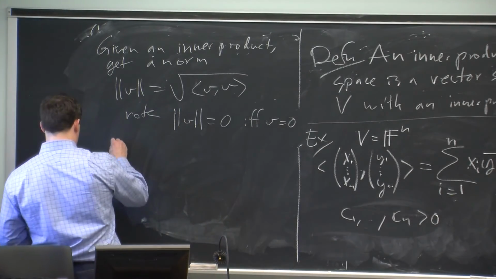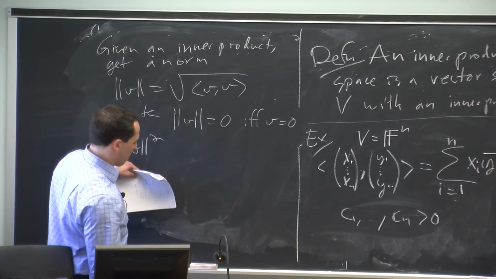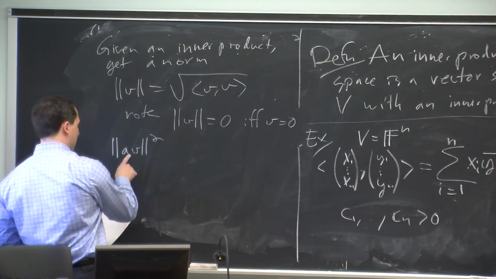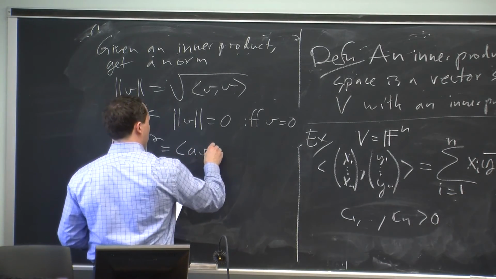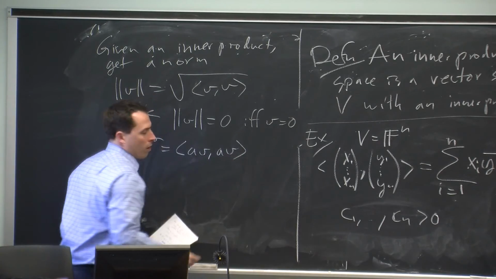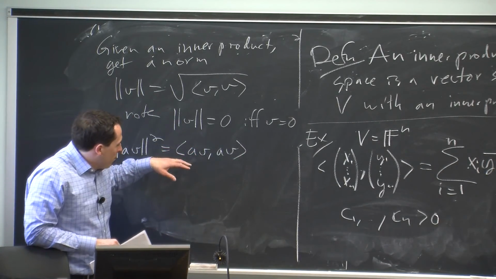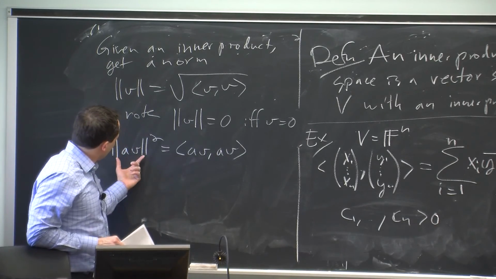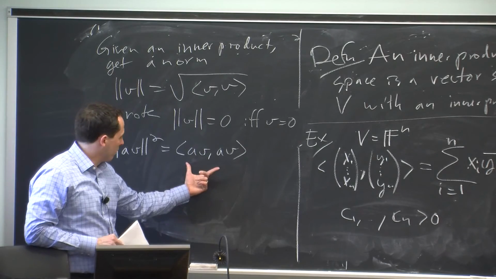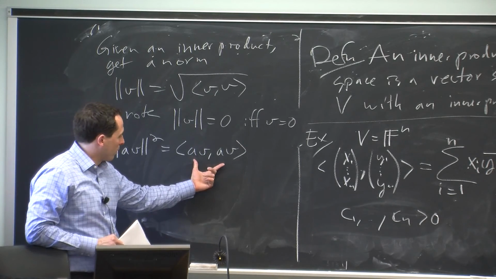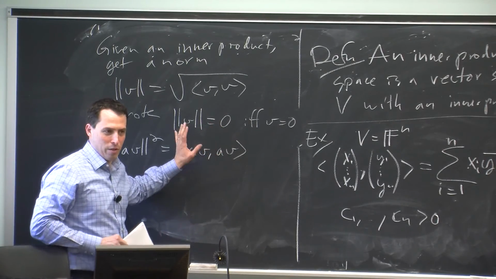And if we think about what happens when we scale, so if I take the squared norm and I multiply by a field element A, that's equal to the inner product of AV with AV. So we'll have lots of questions now about inner products. And one of the main things that you'll do to solve things is, when you see a norm expression, very often what you do is expand it into a seemingly pointless inner product expansion, then work with these, flipping them and using the various axioms in order to prove what you're trying to prove.